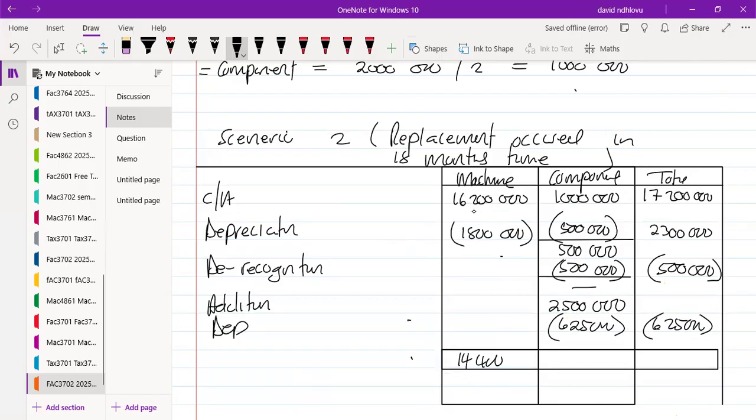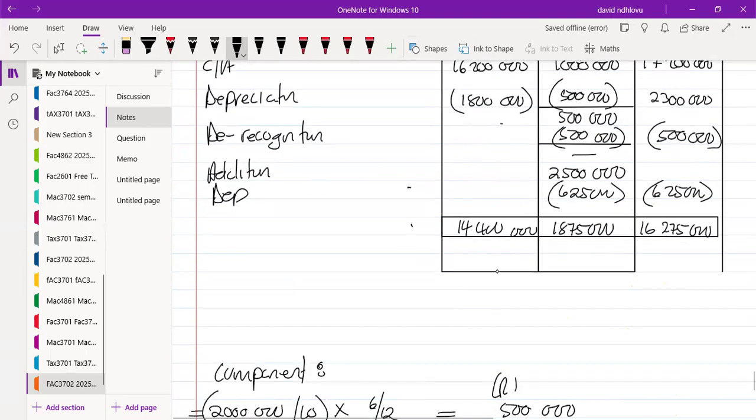So it's 2.5 minus 625, which is now giving us 1,875,000. Right, this is million. Right, which means here we're now going to have 16,275,000. Right, so this is how we calculate the depreciation.